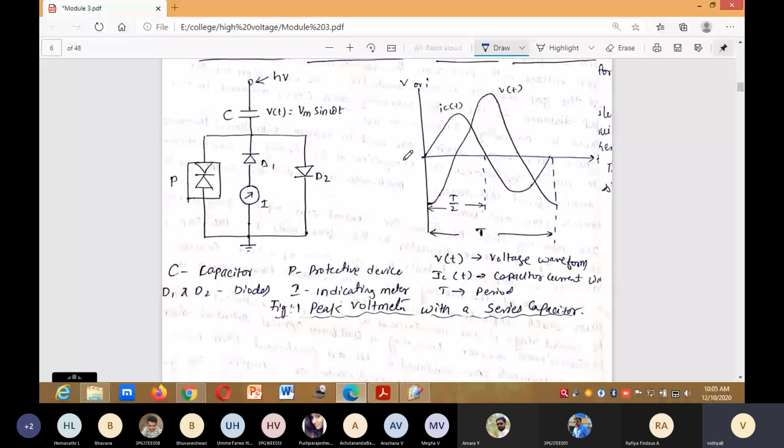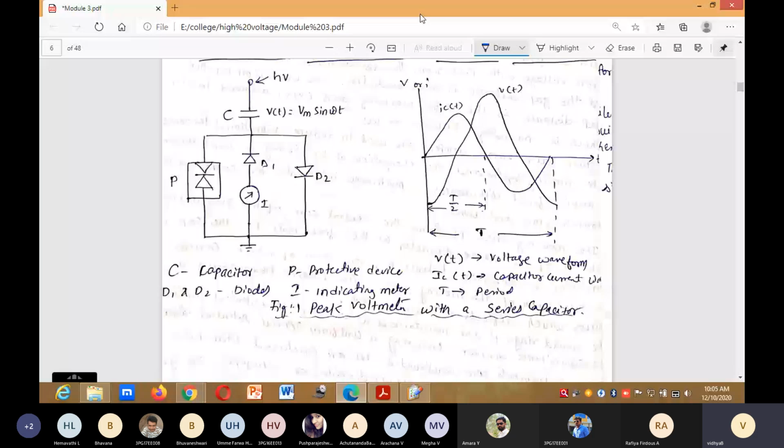This is the diagram for the series capacitor peak voltmeter.